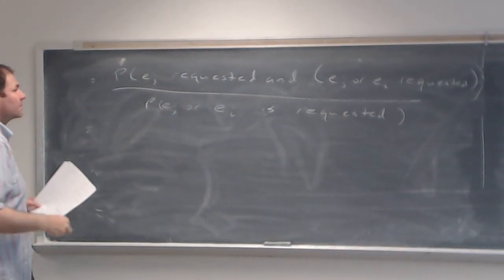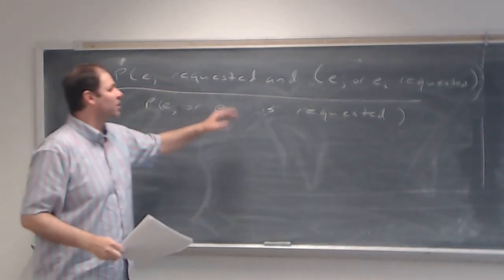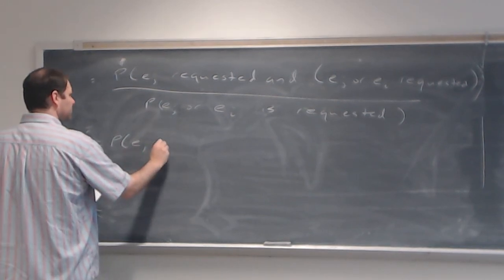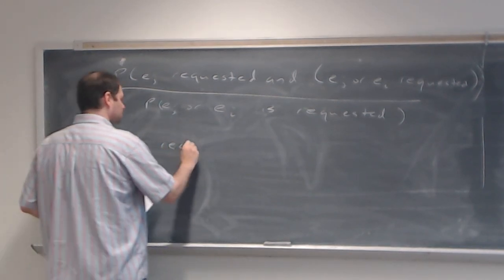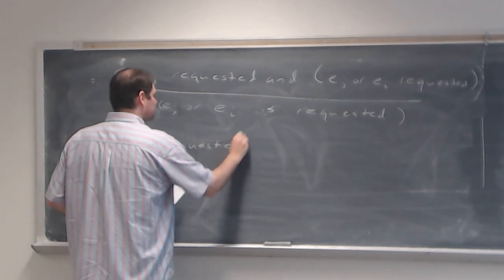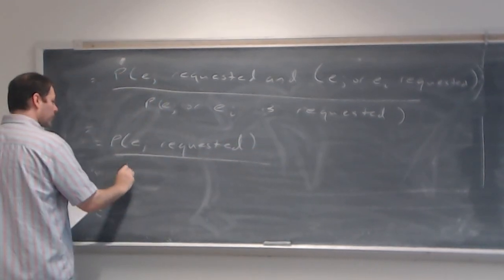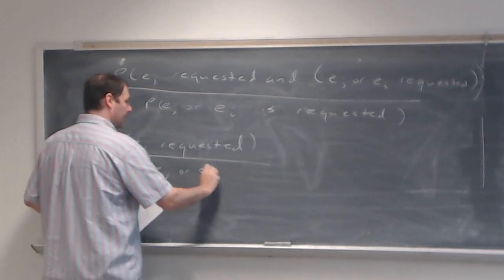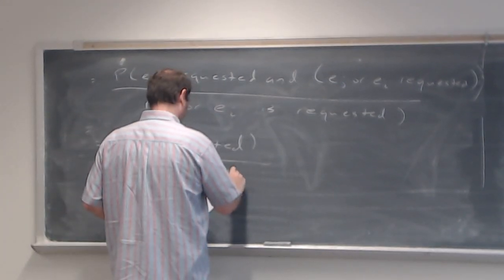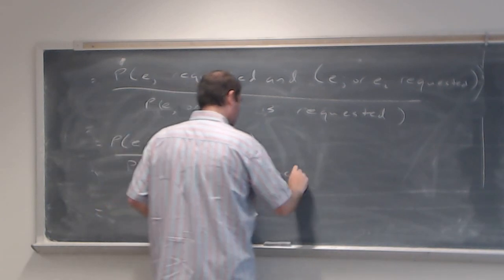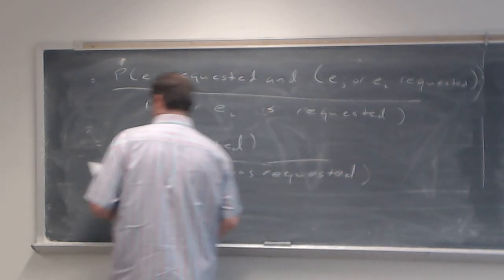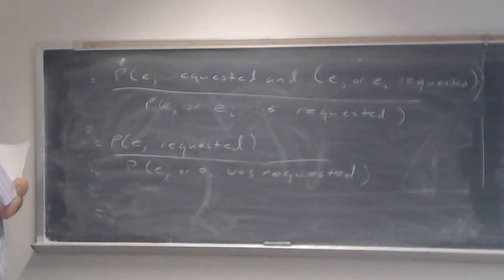Now the top, for both of these to occur, that means that E sub j had to be requested, so it's the probability that E sub j is requested, over the probability that E sub j or E sub I was requested. Okay.